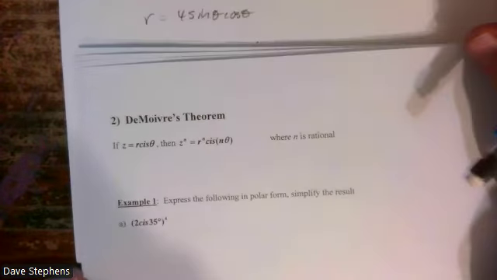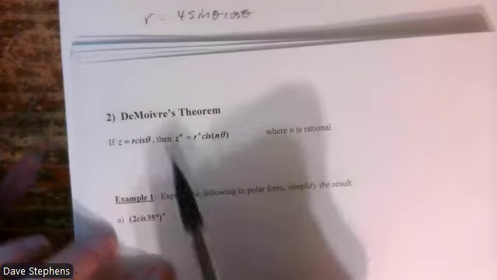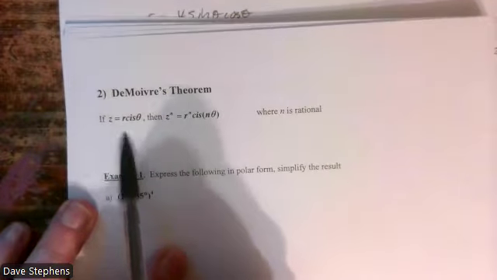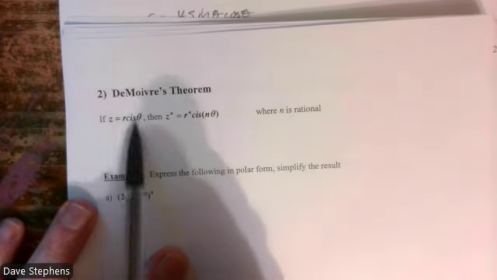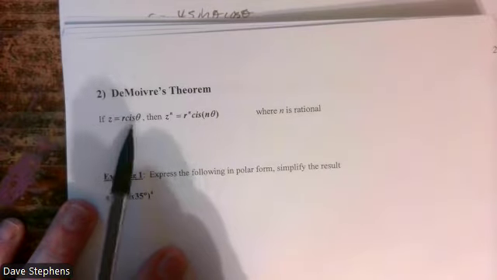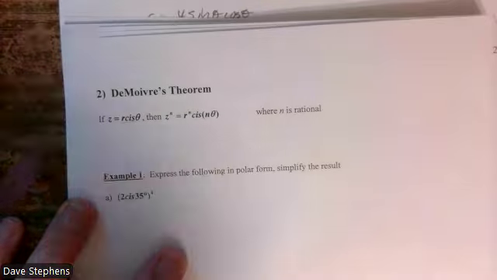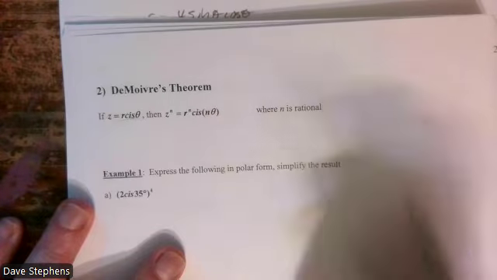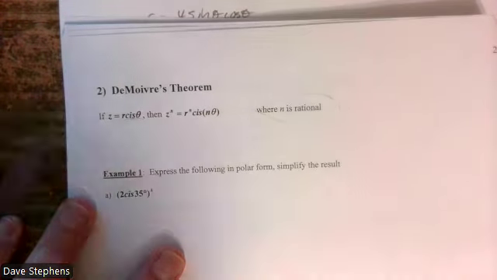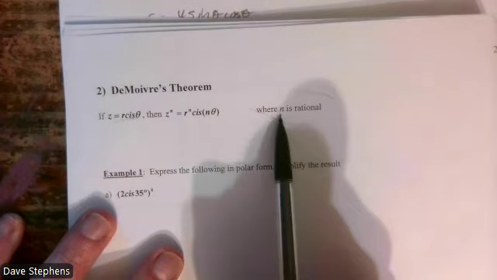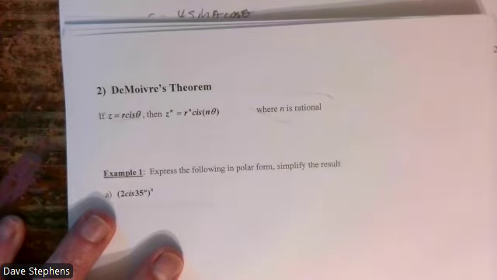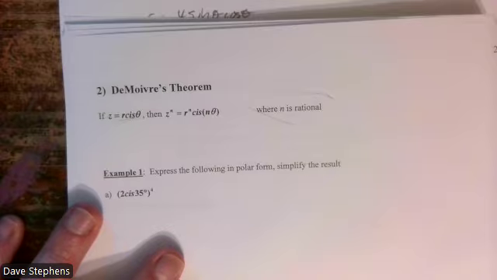De Moivre's theorem says exactly that. It says if we have some complex number z equals r cis theta, then z to the n equals r to the n cis n theta, which is exactly what we thought it would be. Now they put a caveat here that n has to be rational, that's just fine.